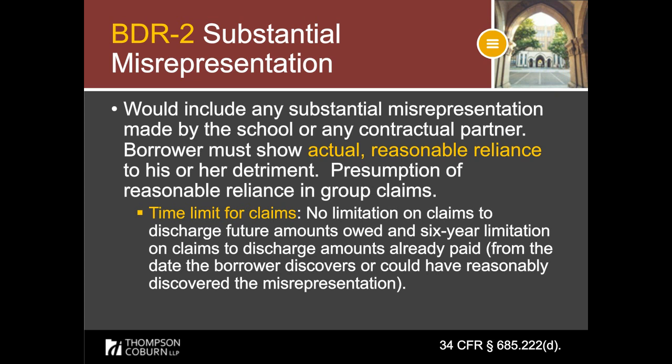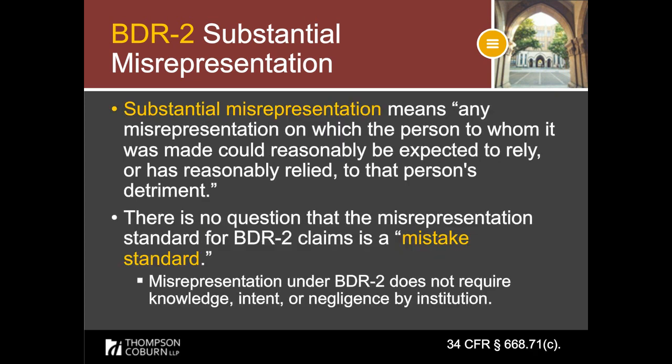Now, some of you are saying, if you've not followed our prior presentations or you're new to this rule, well, substantial misrepresentation sounds like a pretty high threshold. I'm here to tell you it is not. At least if you're a lawyer type like me and you're into risk mitigation and allocation, this definition is frightening from an institutional perspective. A lot of schools who have been following this know, because under the BDR-2 framework, the department just decided to bootstrap and use the existing definition of misrepresentation that exists elsewhere in the law.